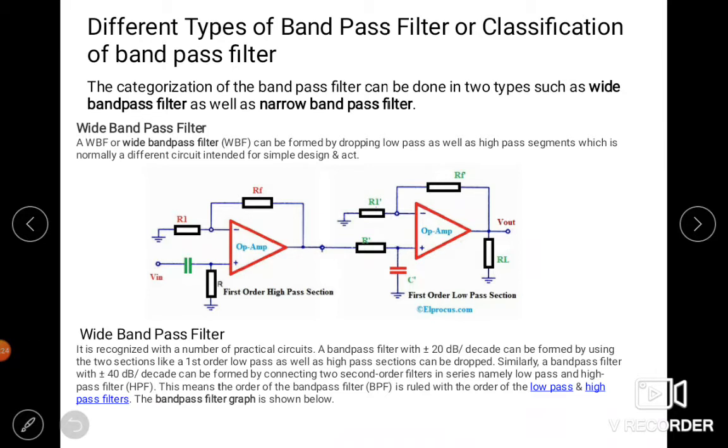One is the wideband, shortly called WBF, and the second one is the narrow pass band filter. These are the two particular band pass filters which we have to study in this chapter.